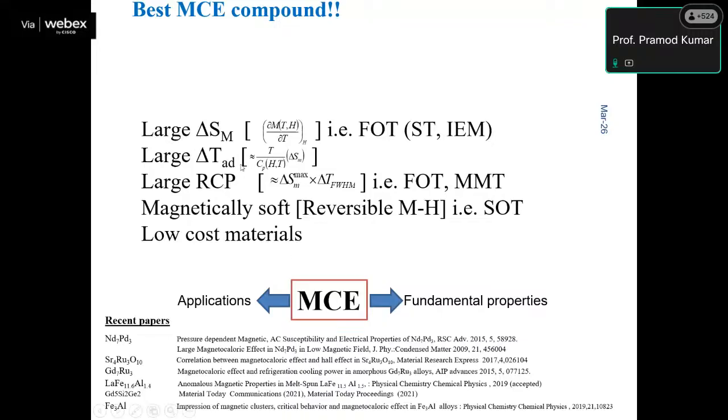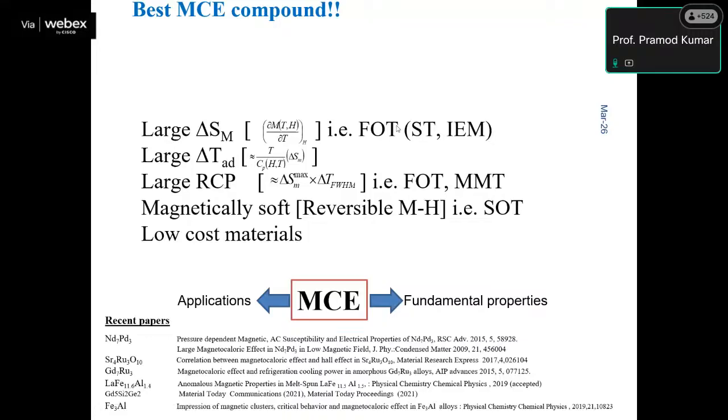The first point is that people think that if the isothermal entropy change is large, then of course the material is good. You get a large change in entropy when the first derivative of magnetization with temperature is large. Such a change you get when you have a first order transition in your magnetic material.